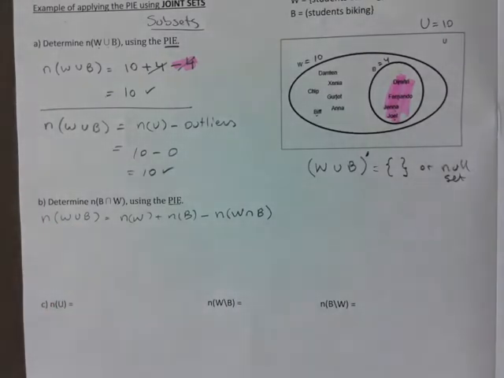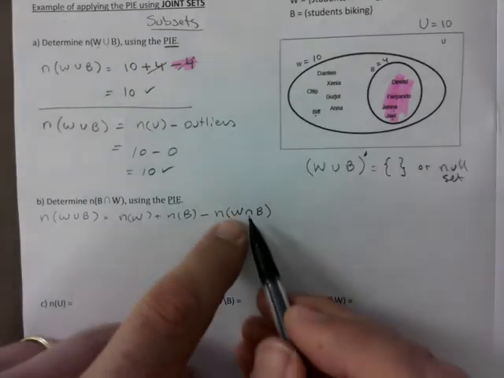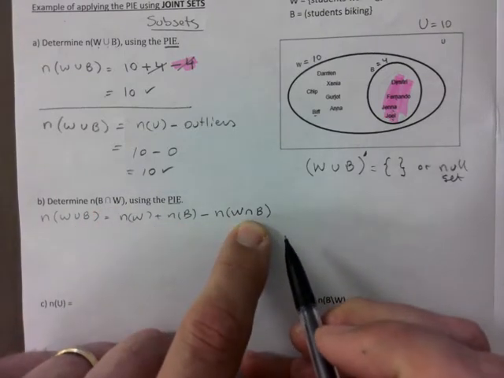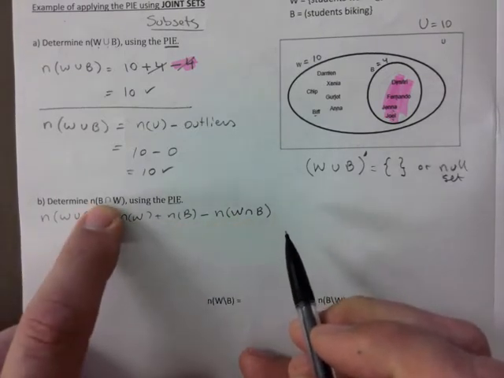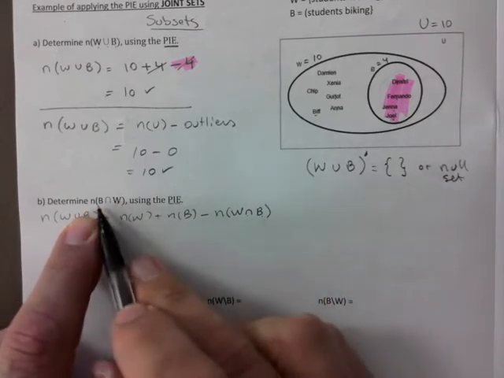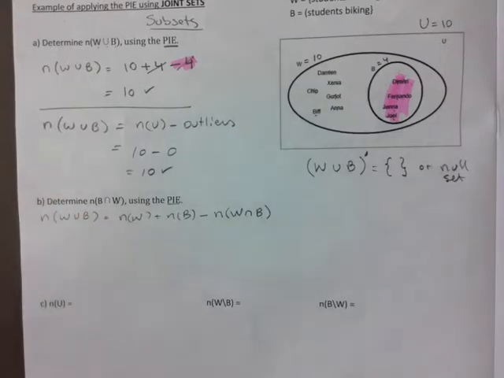In this case, I want to find this. They're asking me to find that. Oh, and just as a curveball, B intersect W is the same thing as W intersect B. It's exactly the same. Don't let that throw you off. I did that on purpose. We're talking about the intersection of the two, so it doesn't matter which one you write first.